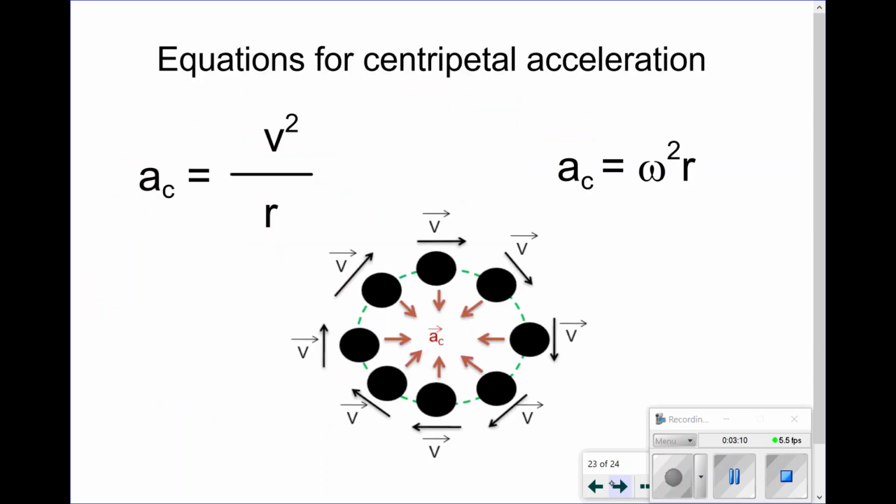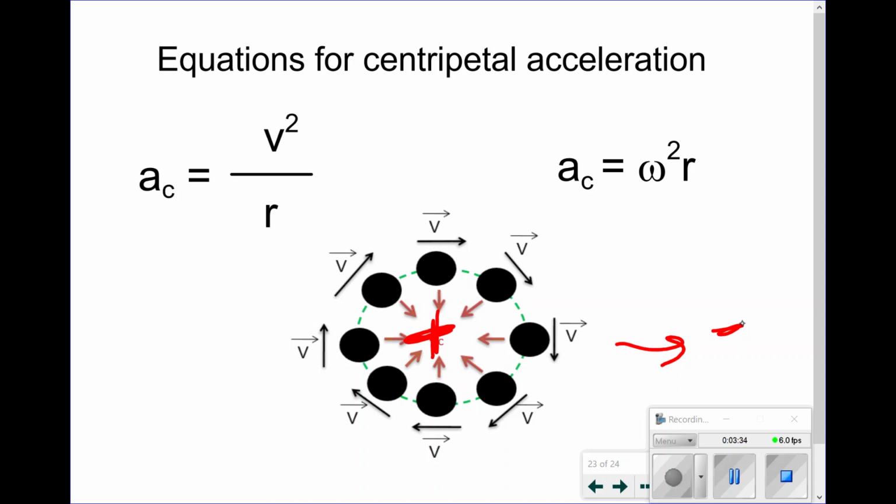So the bottom line is we have two equations for centripetal acceleration that we can work with that will always yield a positive answer. So anything going towards the center must always be positive. Anything pointing out of the circle must be negative, and anything that's tangent to the circle is neither. We aren't worried about it. We're going to square it anyway.